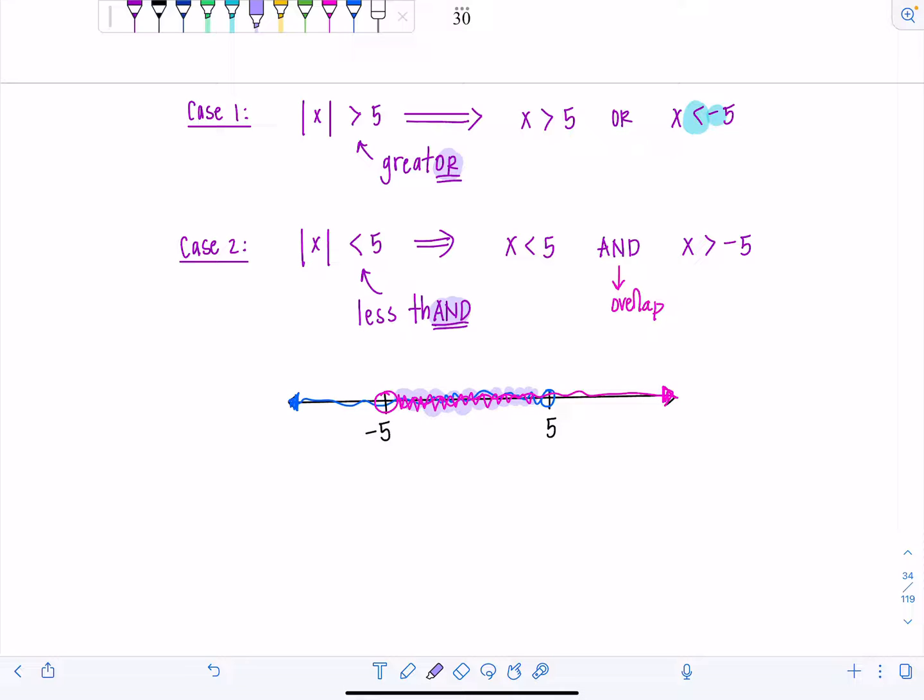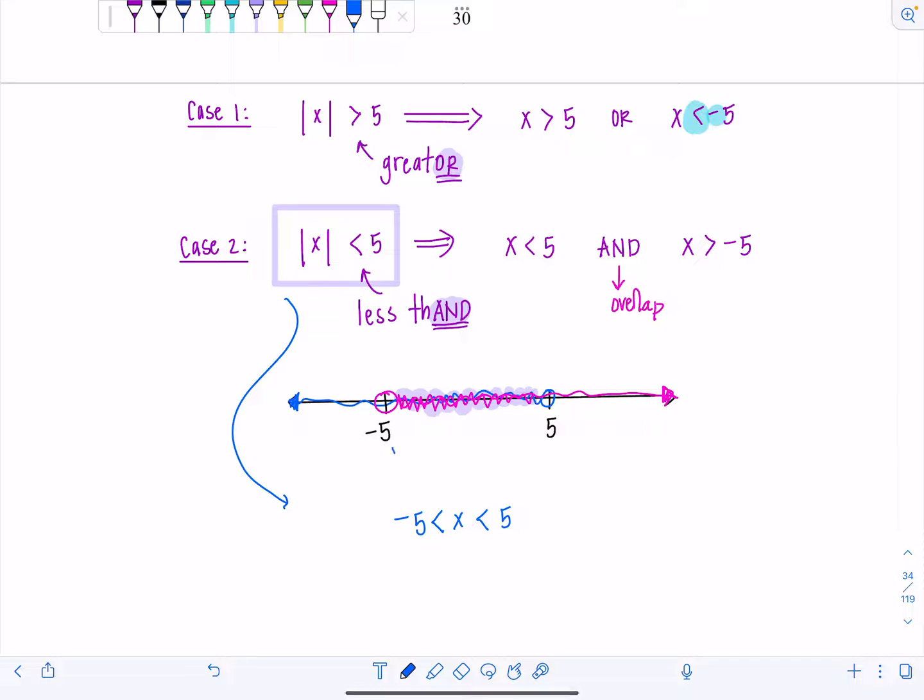So there actually is a shortcut way to solving these, the and ones, and it goes like this. You can just drop the absolute value, keep things the way they are originally, and then just slap another inequality sign on the other side and put the opposite of the number.